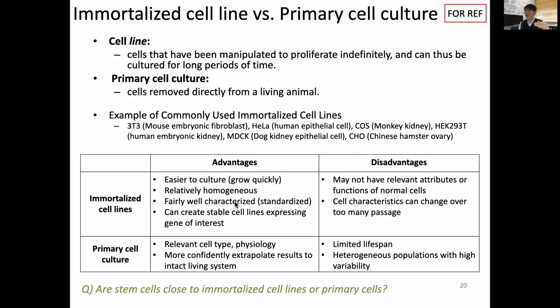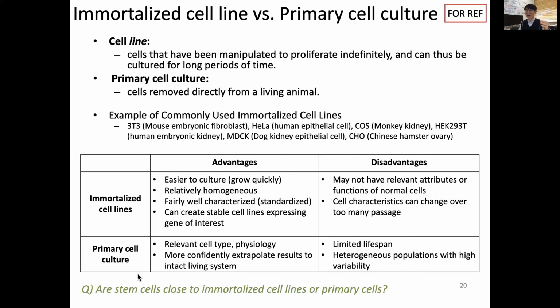Also, because of this property, we can grow these cells in quite a big amount. That means we can also manipulate their genes easily. So we can create stable cell lines expressing a gene of interest, by using transgenes, overexpressing, or even knocking down some of the genes of our interest.